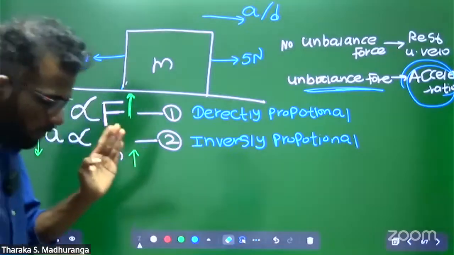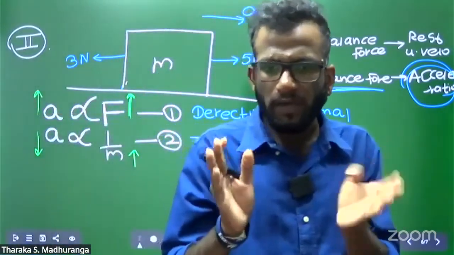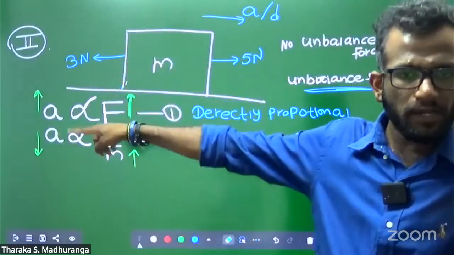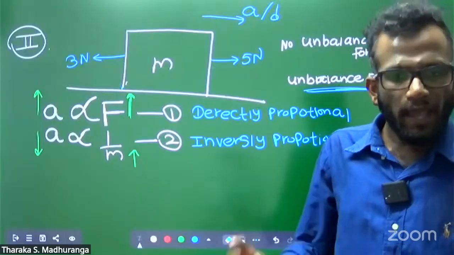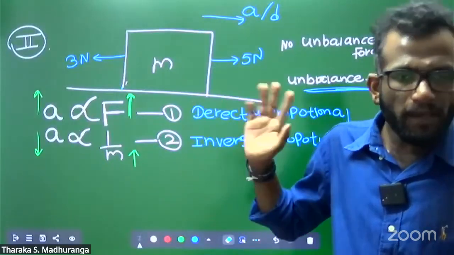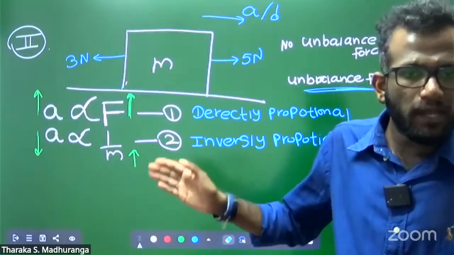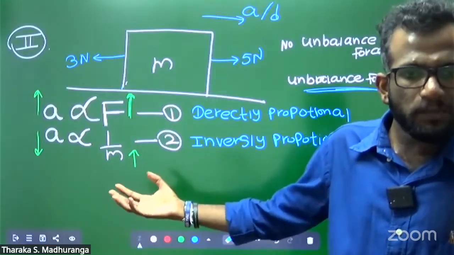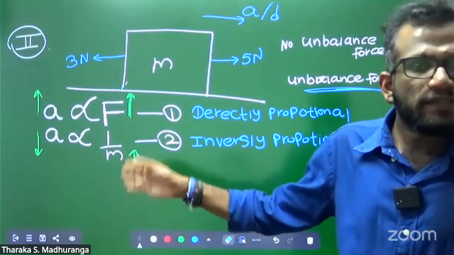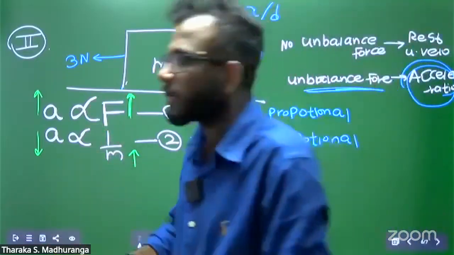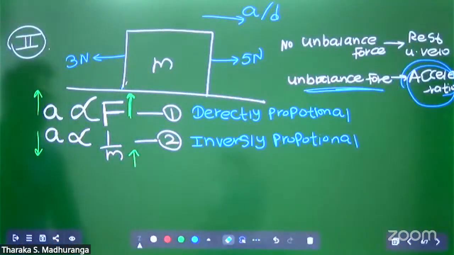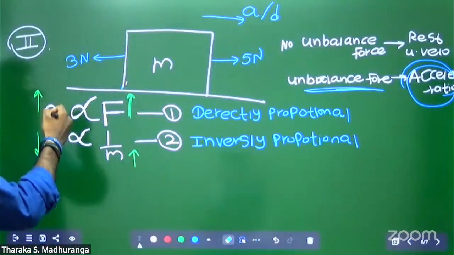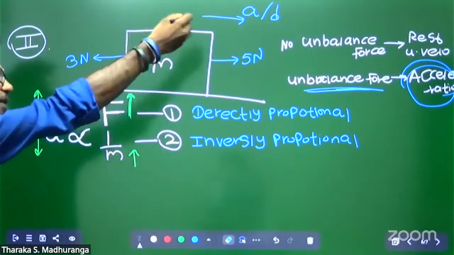Now the final point. According to Newton's second law, the acceleration is directly proportional to the external force and inversely proportional to the mass of the object. Directly proportional means as the external force increases, the acceleration increases. Inversely proportional means as the mass increases, the acceleration decreases. The acceleration a is the same for the same object.